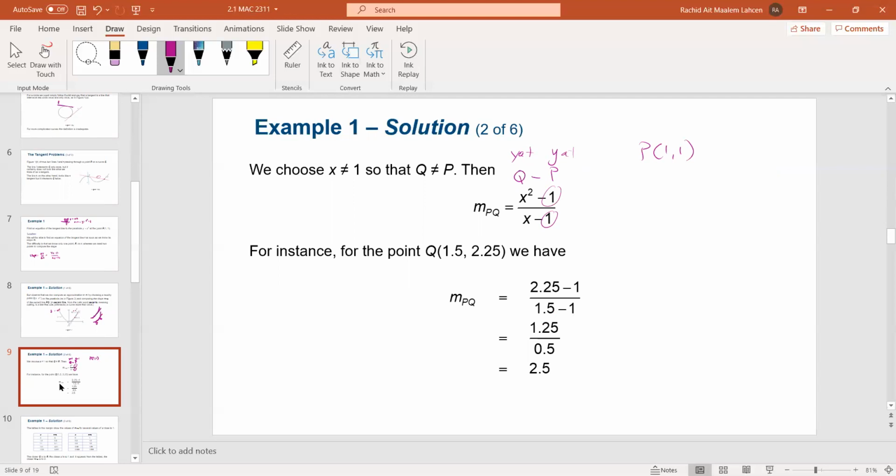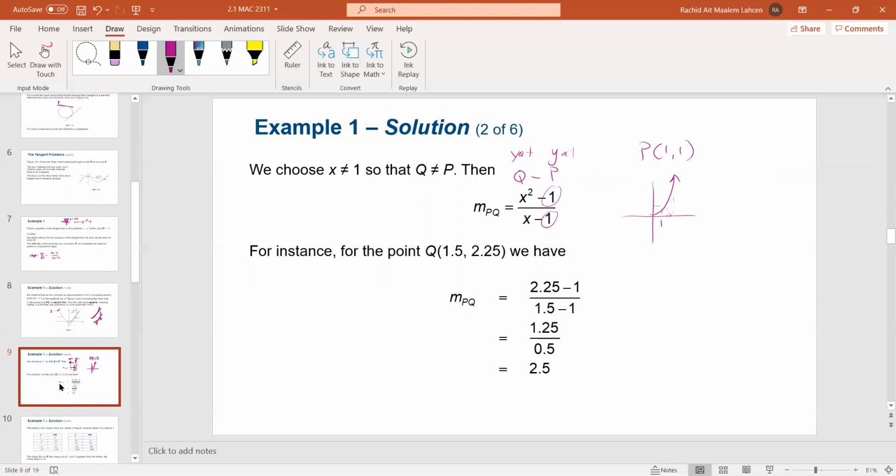However, for the Q, we don't know. We just say it's x, so y will be x squared, right? Then we have to start making some guesses on what Q should be. So (1, 1) here. It could be 2, it could be 2.5, it could be whatever, 1.5, a few numbers.